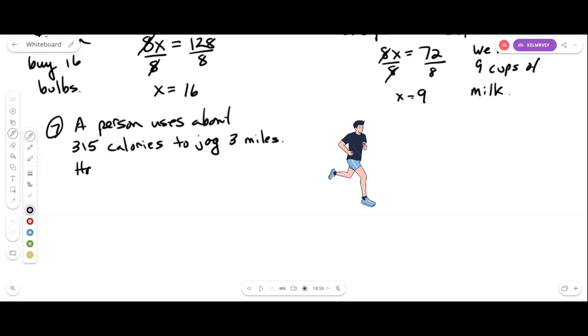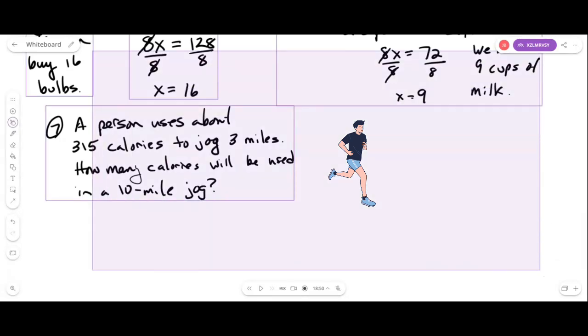How many calories will be used in a 10-mile jog?